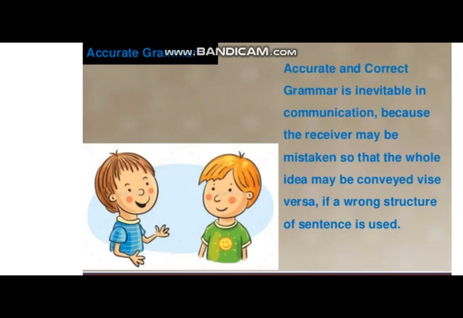If a wrong structure or wrong grammatical form is used, the intended meaning will not be conveyed. നമ്മൾ ശരിക്കും പറയുകയാണ്, I am going to a party. I am going to a party. What is its meaning? ഞാൻ ഒരു പാർട്ടിക്ക് പോകുന്നുണ്ട്.